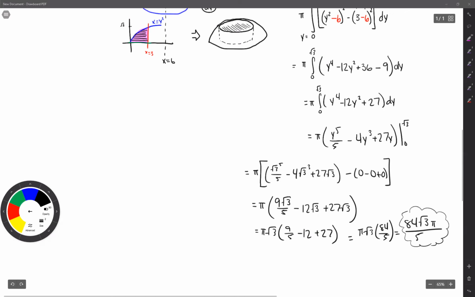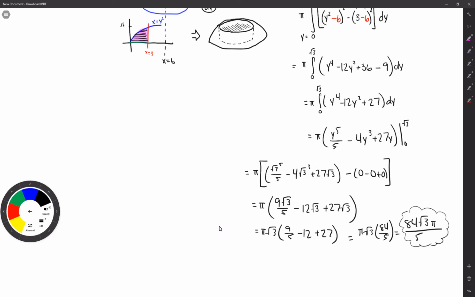This should be pretty similar to your number 4. And you're going to see problems where you have to revolve a shape around an offset axis in your other problems as well. But this is almost, up to some arbitrary constants, identical to number 4 on your homework.